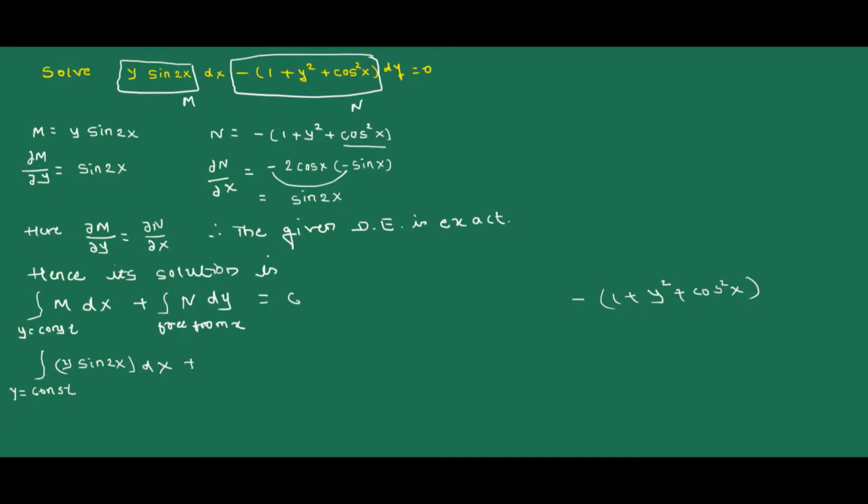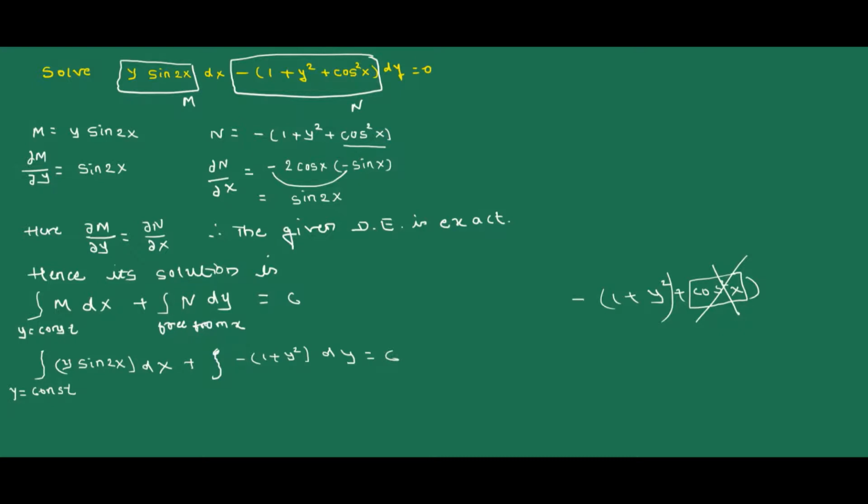Now you have to write down the term containing y only. Free from x means you are not supposed to write the term which has x. So cos square x has x, so we are not supposed to write this. The remaining term is only minus (1 plus y square). So I will write directly integration of minus (1 plus y square) dy is equal to c.